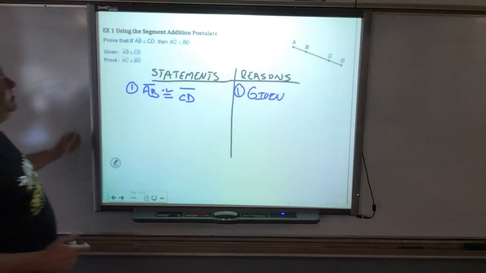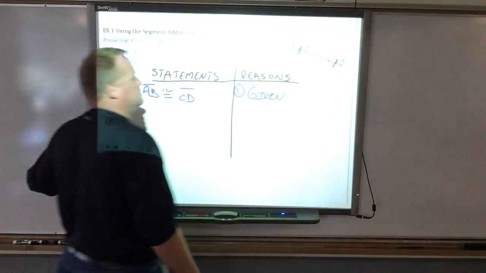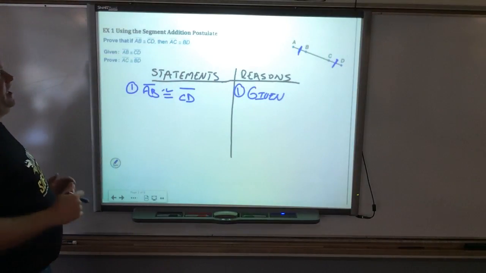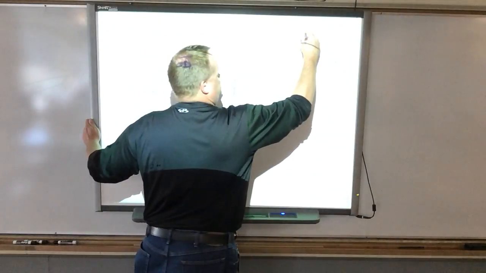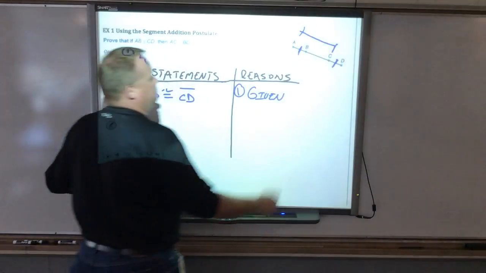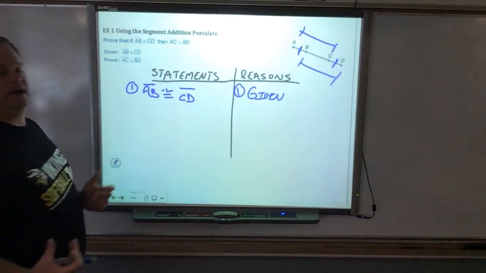AB is congruent to CD. Well, this part right here is congruent to this. Well, I look at that and I want to prove that AC, this part right here, is congruent to BD, this part. How am I going to do that?